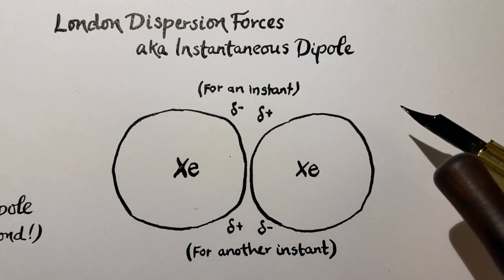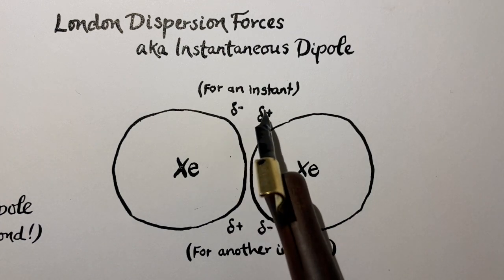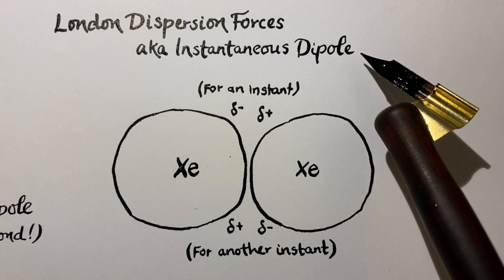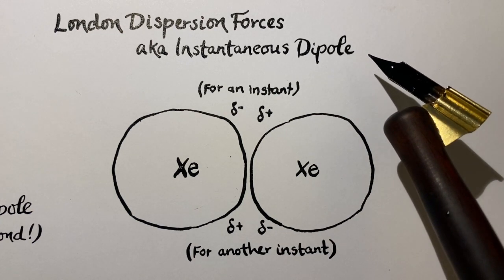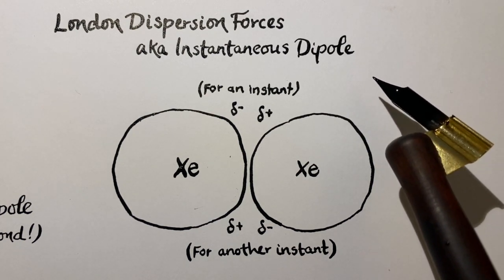But if you get really large molecules, then you have so many cases for different parts of the molecule for this to be happening. And the intermolecular forces can be quite strong, surprisingly strong.